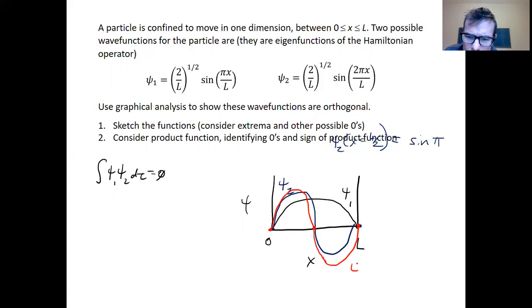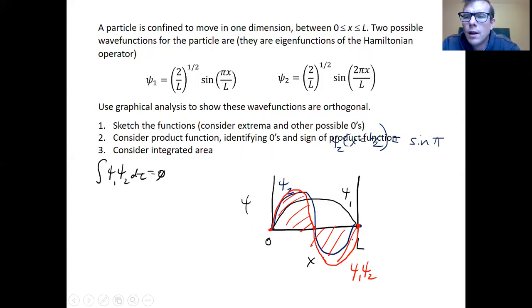So my red line here is psi 1, psi 2, the product of those two. Once you do that, you consider the integrated area. And I think you can convince yourself that, in fact, those are equal and opposite, therefore the total integral will be 0. Right? That's an example of graphical analysis.